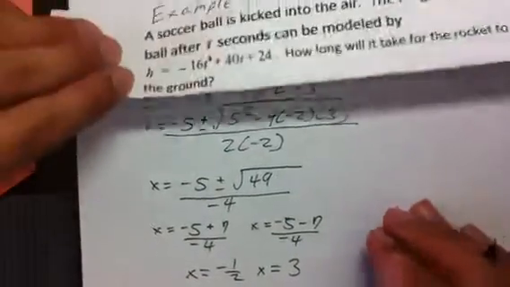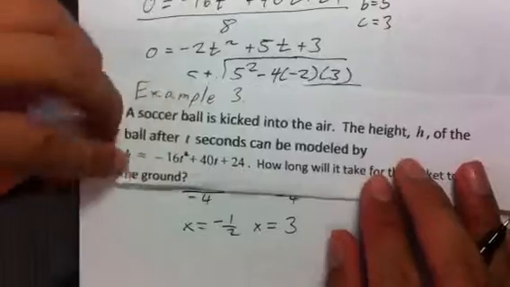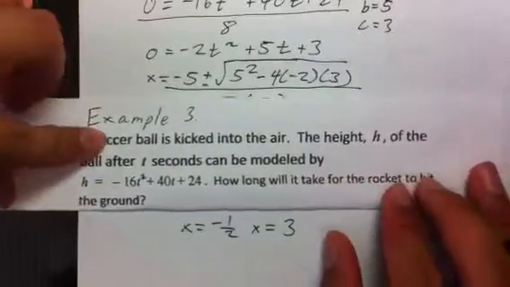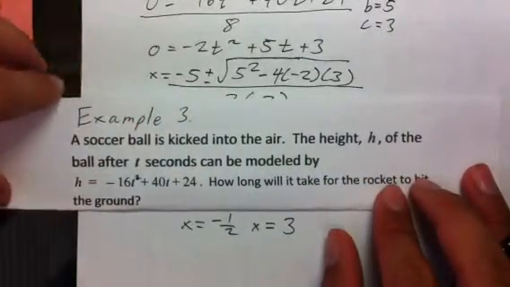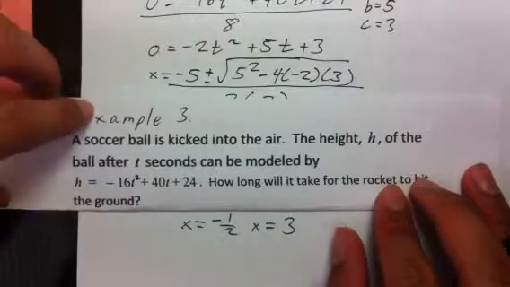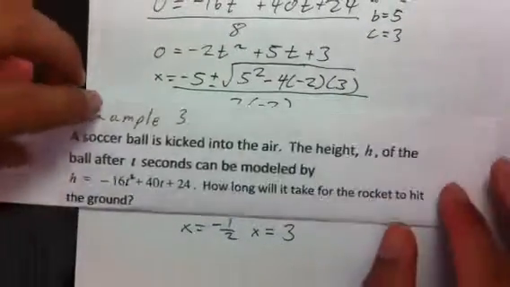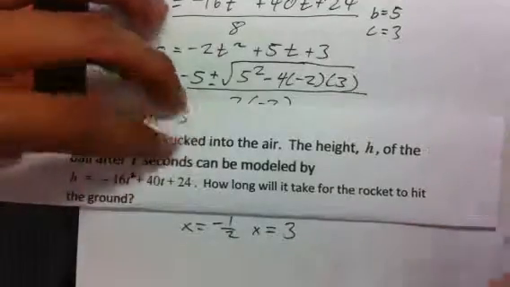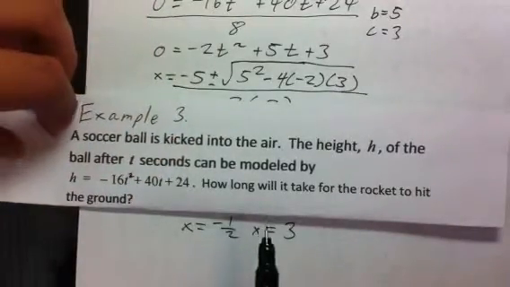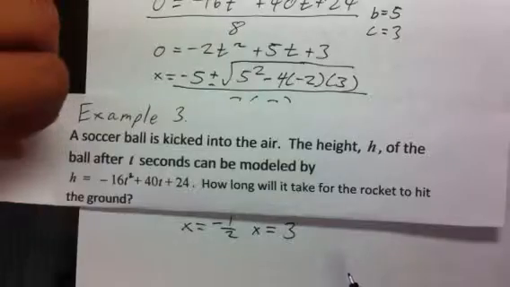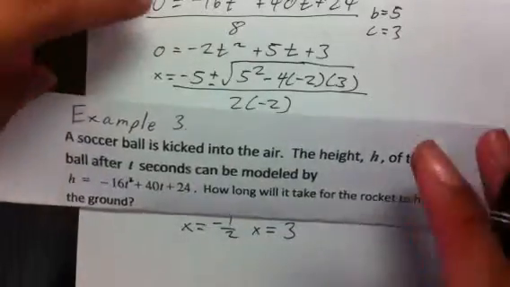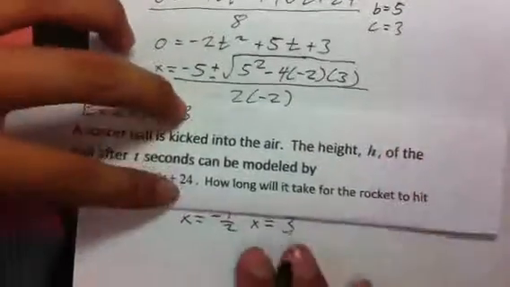However, let's go back to the question. A soccer ball is kicked into the air. The height h of the ball at t seconds can be modeled by h equals negative 16t squared plus 40t plus 24. How long will it take for a rocket to hit the ground? It's asking for time, and the solution has to be a value that could be in time.